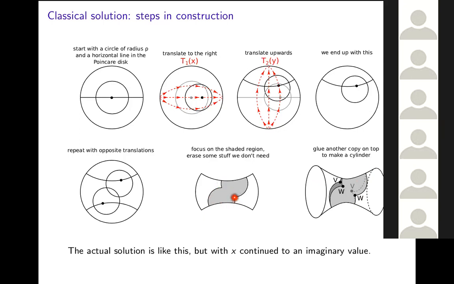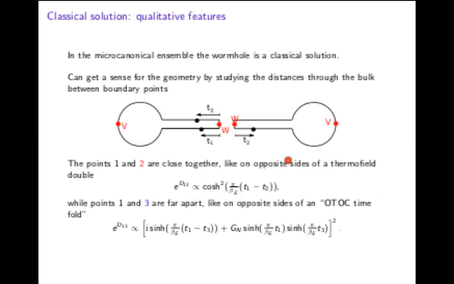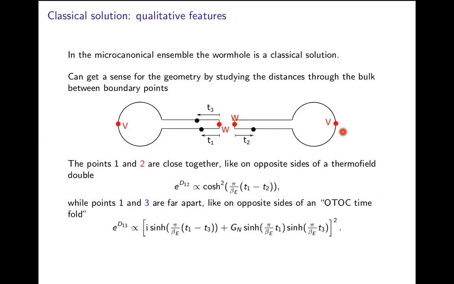It has cusps, and the cusps are where the operators are inserted. So it wouldn't have been a solution without the operators being inserted, but it is a solution with the operators inserted. If you remove those cusps, there's just no way to build something like this where the boundary is made up of circular arcs. It's because we've inserted these operators that we can have a solution, and it's a reasonable solution in the microcanonical ensemble.